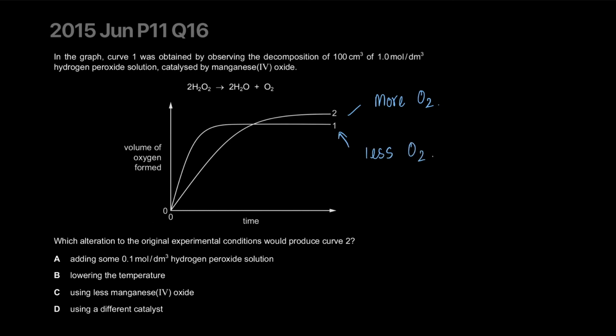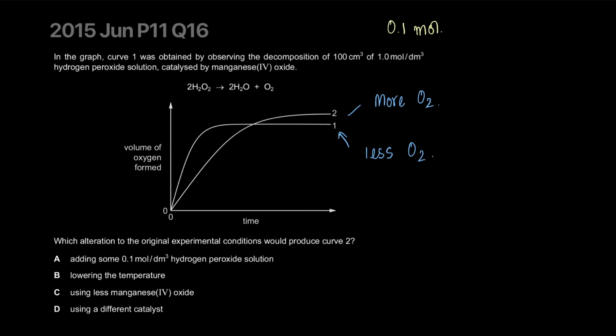How do you get that? If you have more hydrogen peroxide, you can do that. So how much peroxide do we have right now? We have 100 centimeter cube of 1 mole per decimeter cube. Put it in the formula and you currently have 0.1 mole of hydrogen peroxide. So we want more than that, and slightly more.